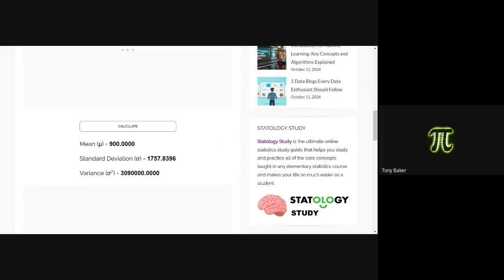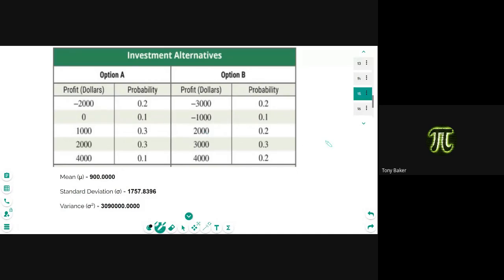So in this respect, what does mean represent? So mean tells you what your expected value is. The mean is if you did this long enough, you'd expect to make a profit of about $900.